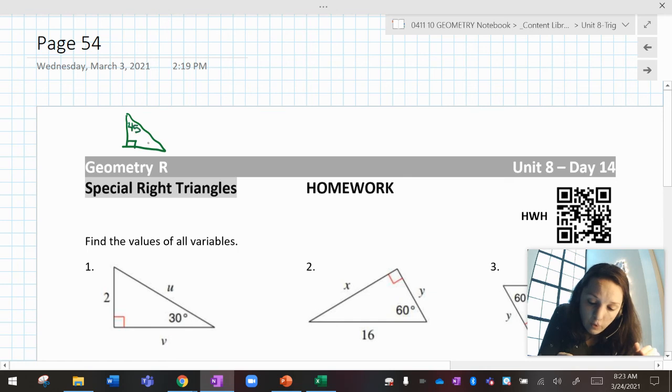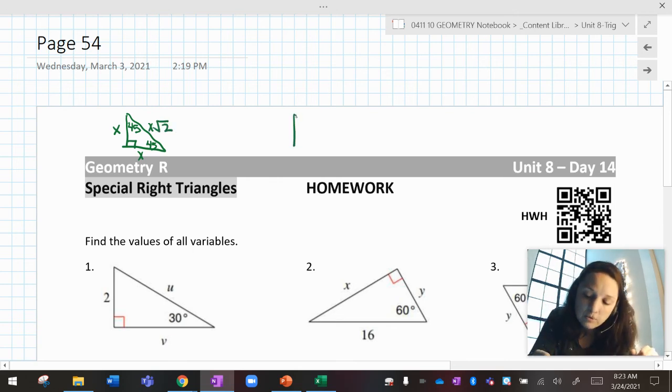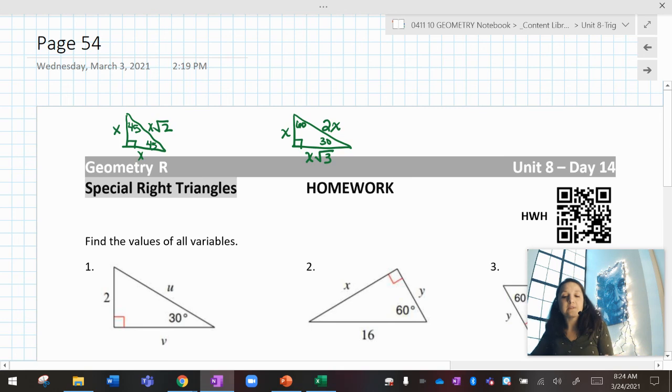If you have a 45, 45, 90, x, x, x root 2. It reminds you that two sides are the same and the hypotenuse is times root 2. And if you have a 30, 60, 90, the side across from 30 is x. The hypotenuse is always double that. And the side across from 60 is that times root 3.